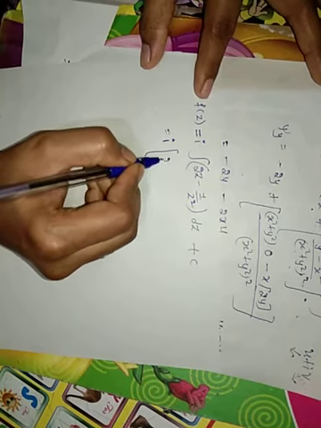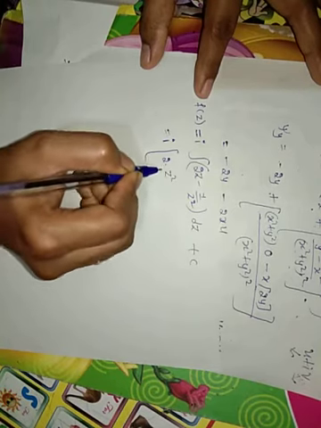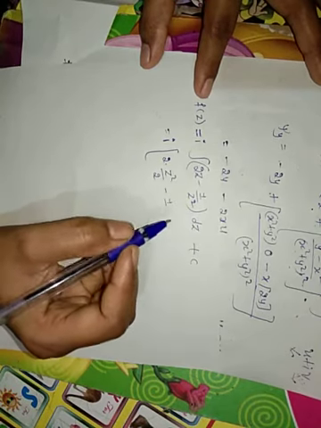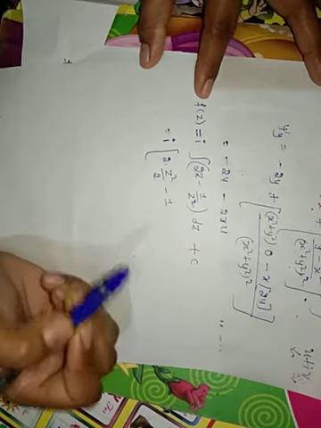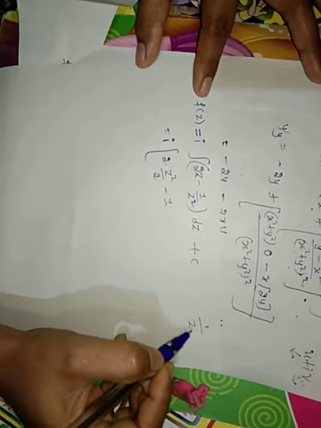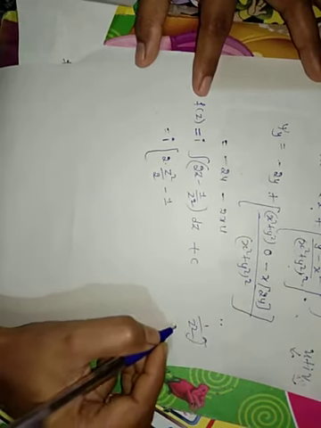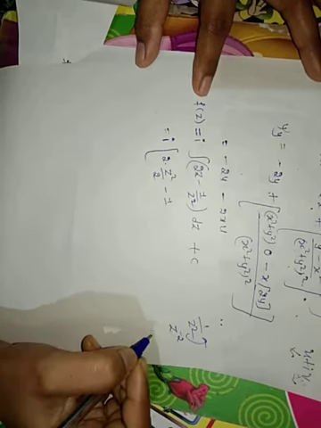Integration of 2z is z², and minus 1 into integration of 1 by z². Either take it directly as 1 by z², or else take z² to the numerator, that becomes z to the power −2.